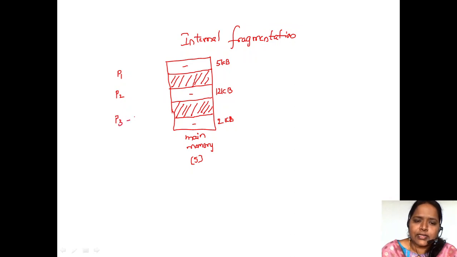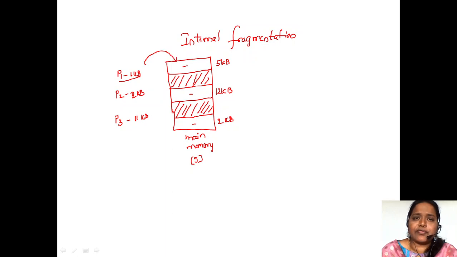Suppose there are three processes, P1, P2 and P3. P3 requires 11 KB, P2 requires 2 KB and P1 requires 1 KB. What do we mean by internal fragmentation? Suppose P1 requires 1 KB, so P1 will be sitting over here.